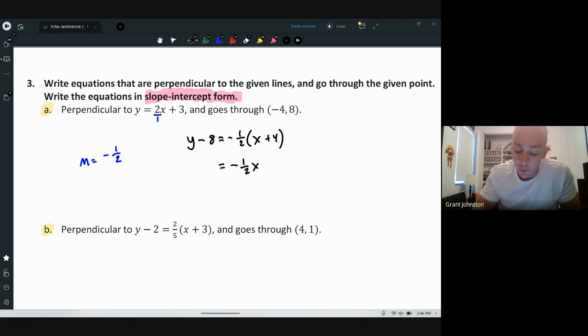Negative 1/2 times 4 is negative 2. I have to move the 8 over to isolate y, since it has to be in y equals mx plus b form. So I add 8 to both sides. y equals negative 1/2 x, and 8 plus negative 2 is 6.